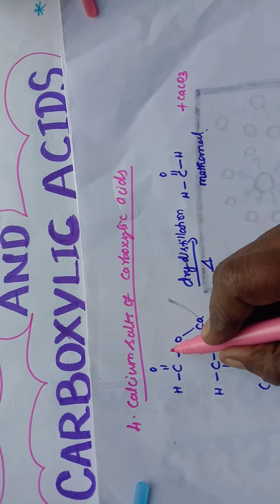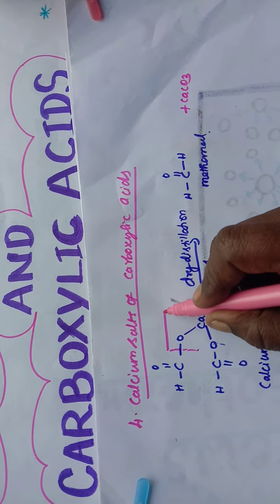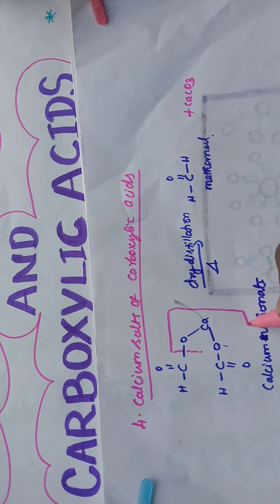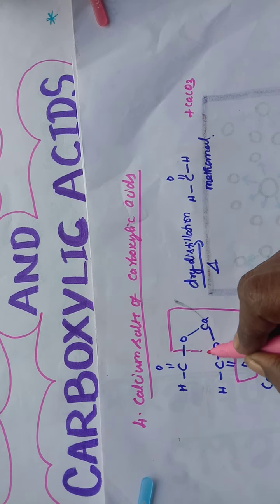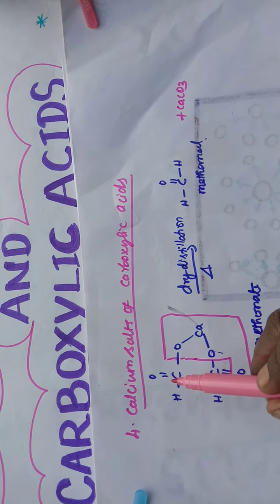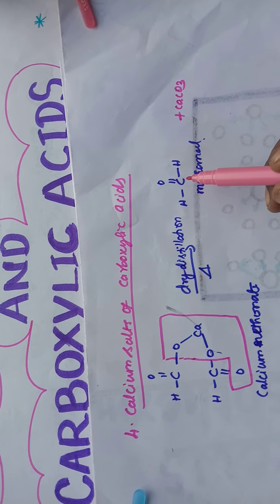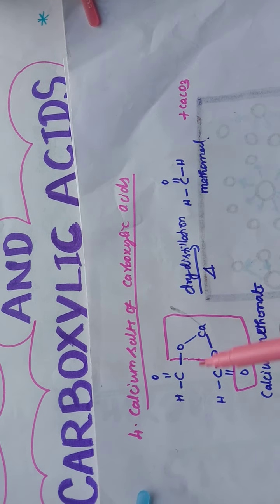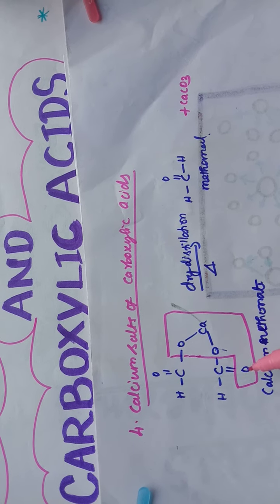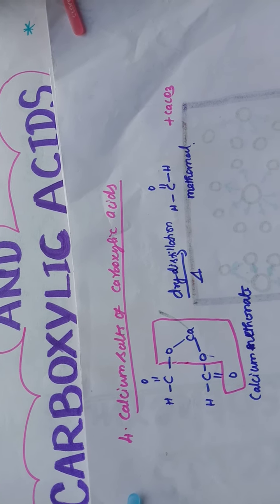This bond is broken, so we get methanal, and this is removed as CaCO3, calcium carbonate.